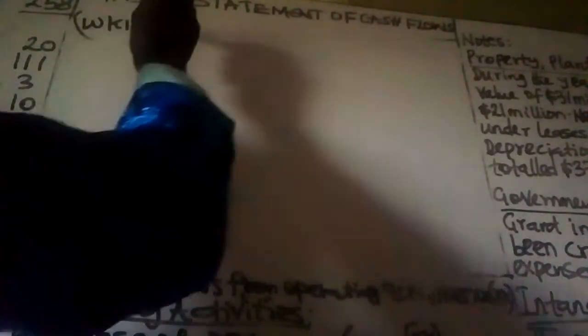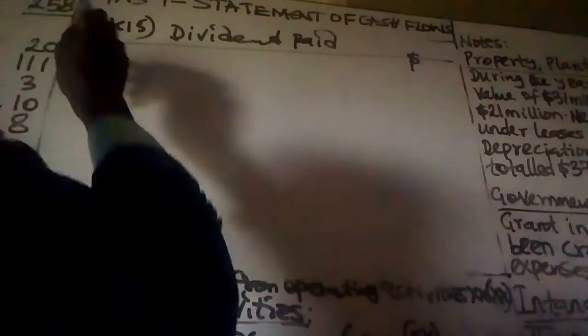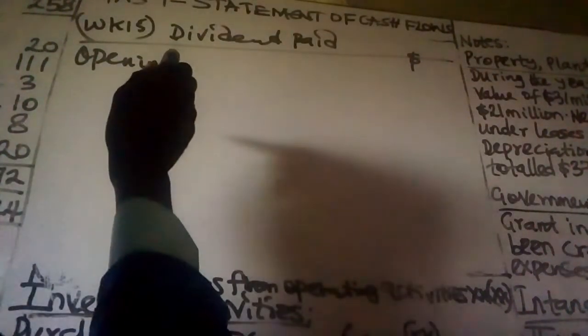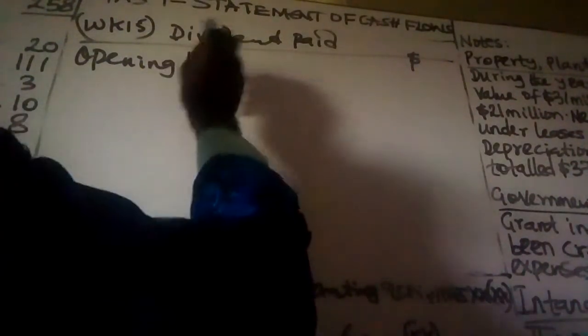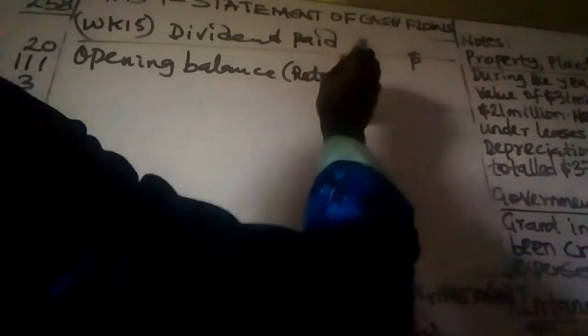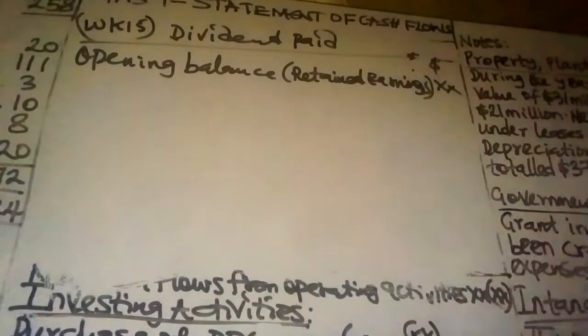Dividend paid. You start with the opening balance. Dividend will be paid out of the retained earnings, so you start with the opening balance of your retained earnings.